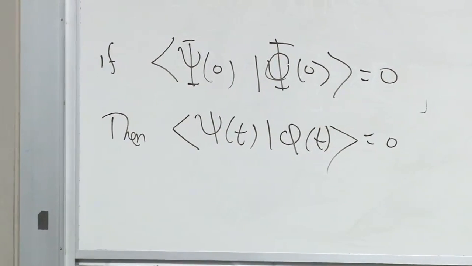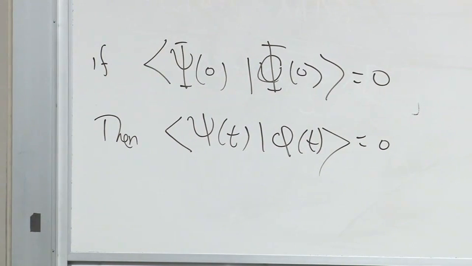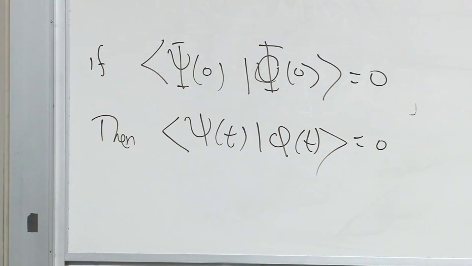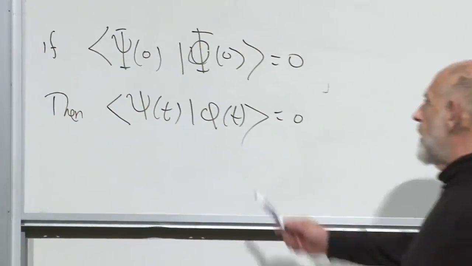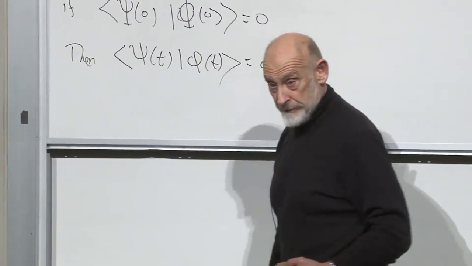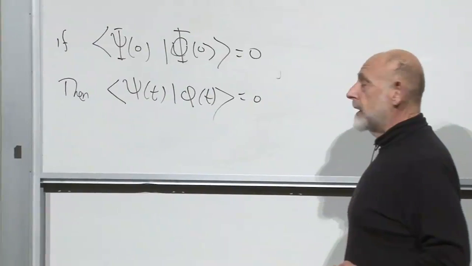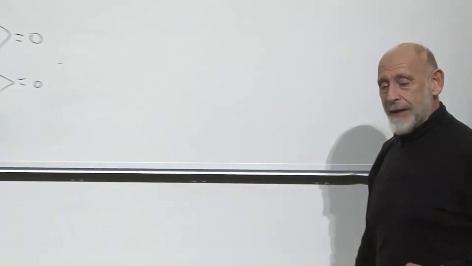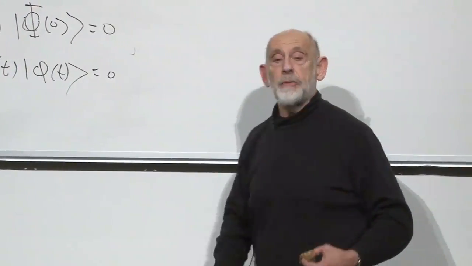You take any two vectors, you expand them in basis vectors, and then you assume that the basis vectors remain orthogonal with time. Then you can prove that the inner product of any two vectors is time independent. Right? So it follows from the evolution of orthogonality that the inner product between two states remains the same. The overlap between them remains the same.